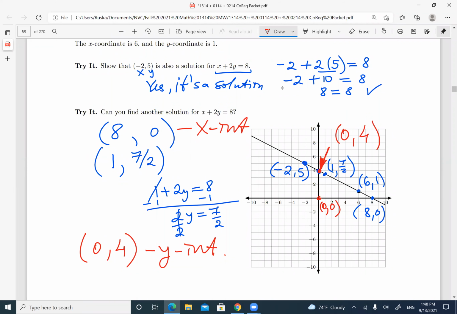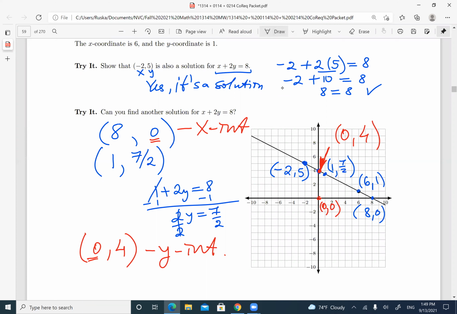Why is it the x-intercept? Because the second coordinate, y, is 0. For the y-intercept, the x coordinate is 0. So remember that: always, for the x-intercept, the y coordinate is 0, and for the y-intercept, the x coordinate is 0. Any questions so far?